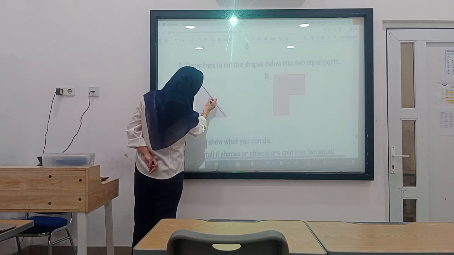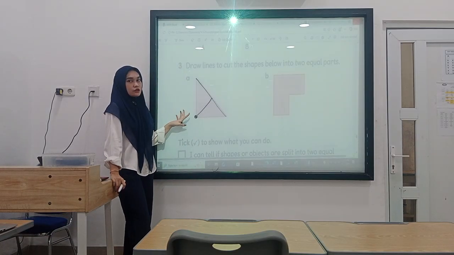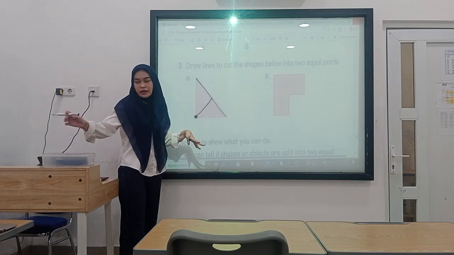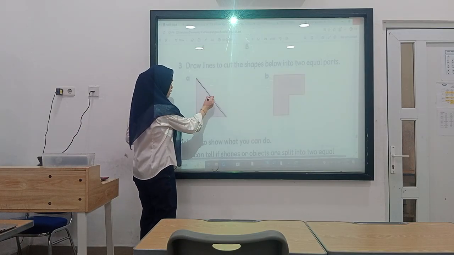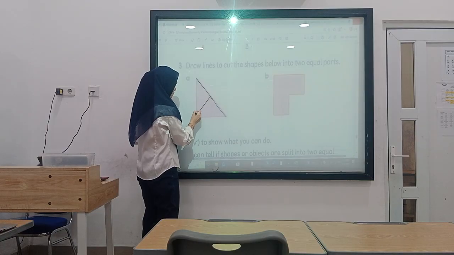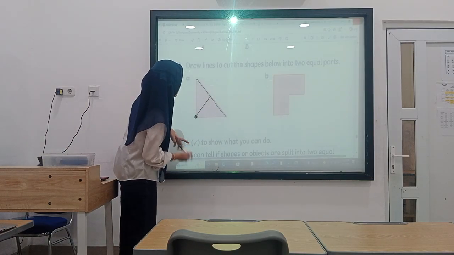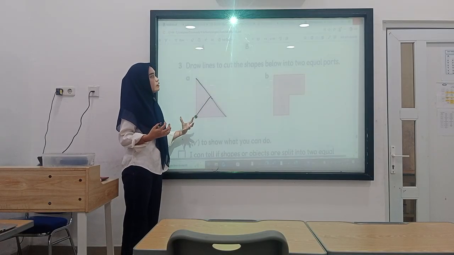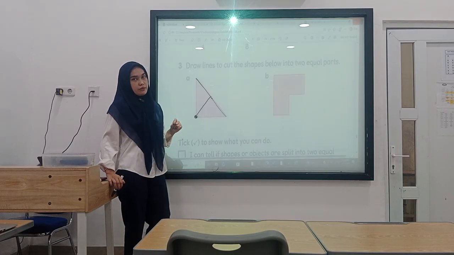If they can draw this correctly, they will find equal parts like this. So by making this line, they can split the triangle into two equal parts.